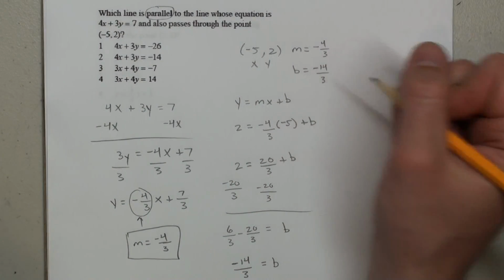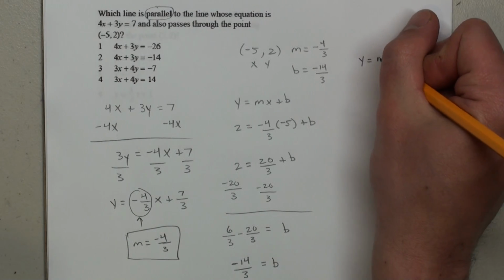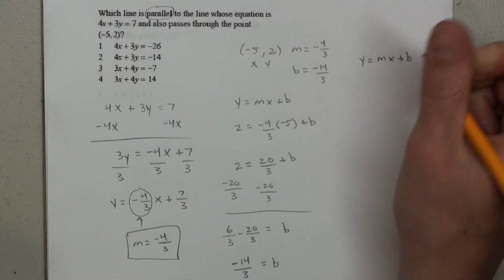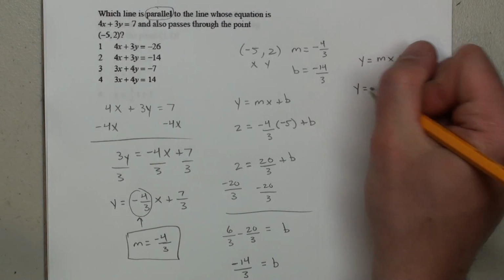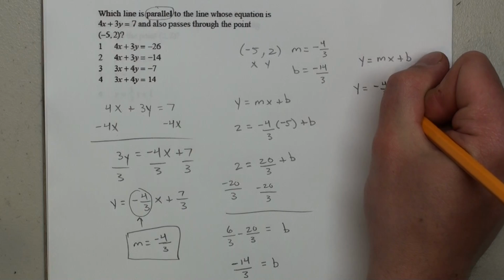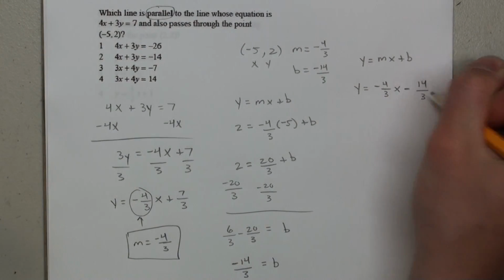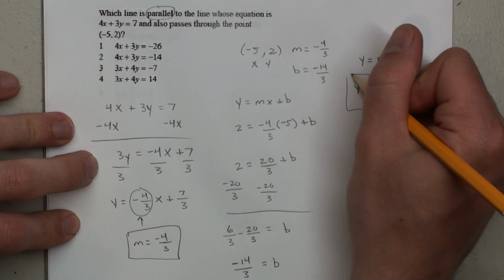Man, they really didn't like you on this problem. So y equals mx plus b. They did something even worse to you after this. Y equals negative 4/3 x minus 14/3. Look what they did though.